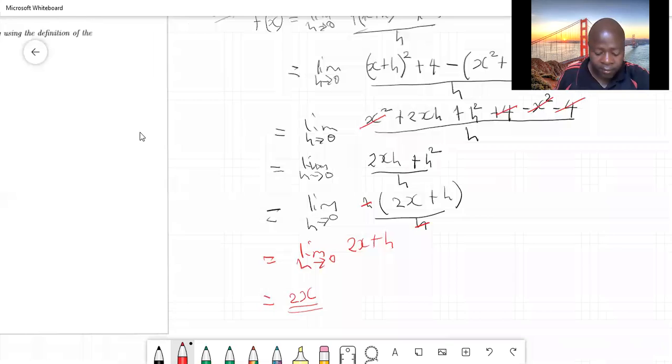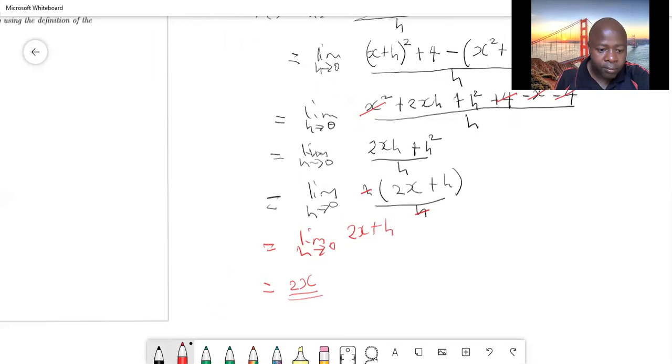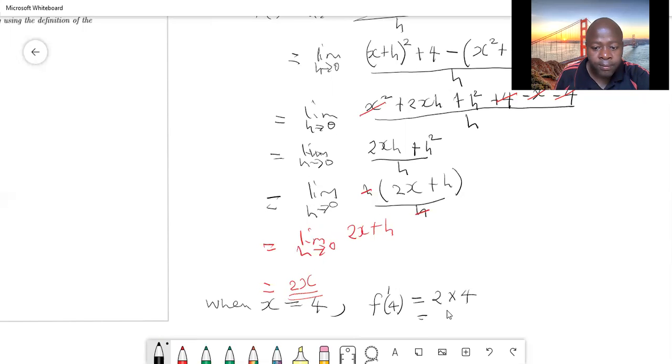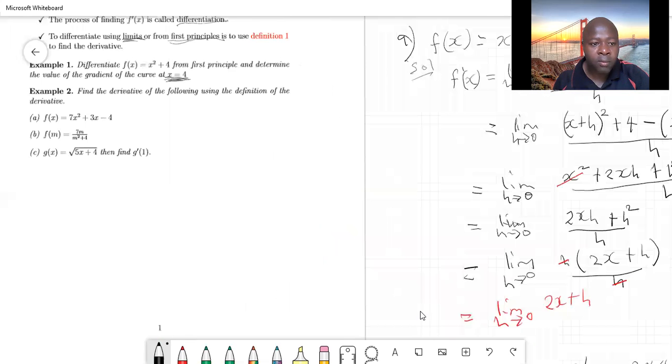So when x is 4, our gradient would be 2 times 4, which is 8. So that's how we do that question. We've answered that question exhaustively. So we look at the next example.